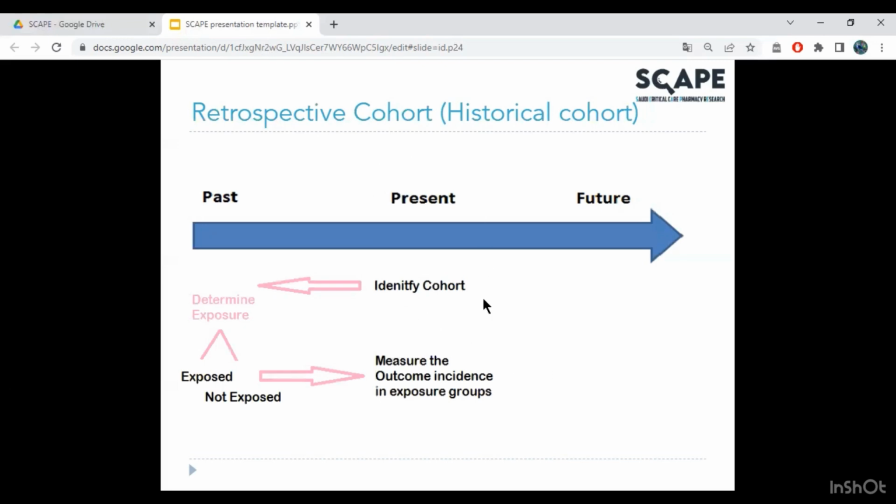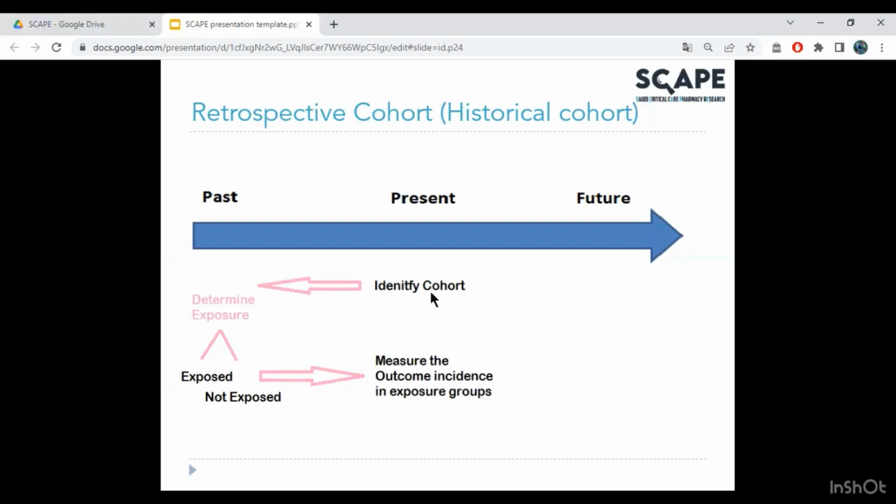How do we do this retrospective cohort? Well, first of all, it depends on the database. If you have a good database, then you can identify a cohort from this database. And I mean by cohort a target population that fits your research question and is eligible for the inclusion criteria.